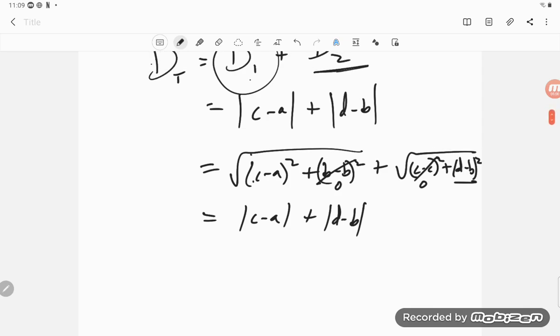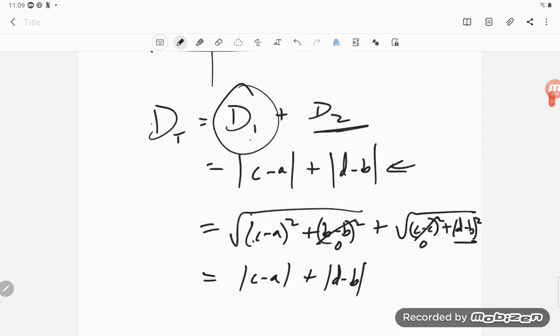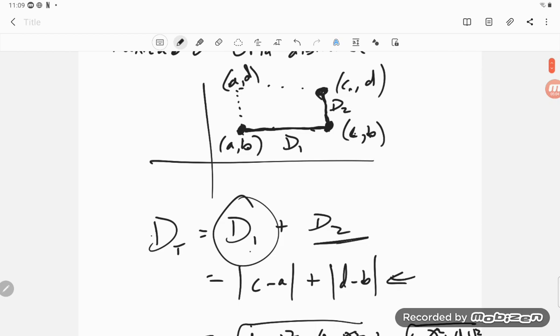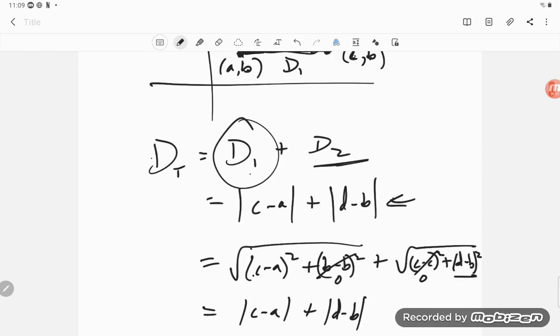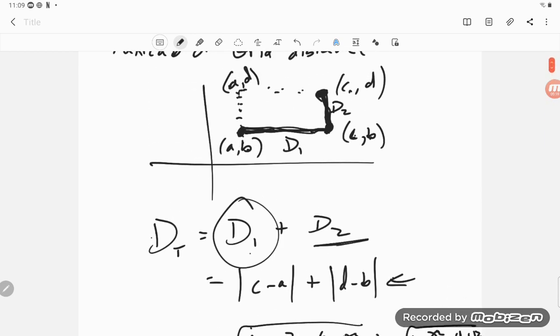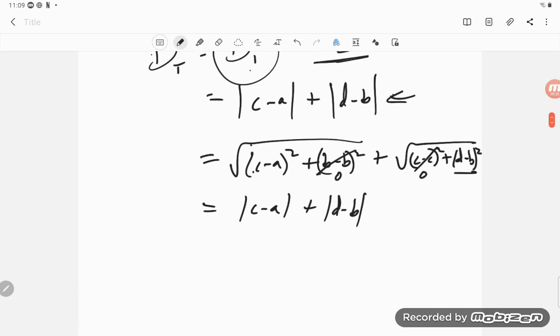And so that formula, you could think of it as I took the Euclidean distance to go straight across here and the Euclidean distance to go up there. And similarly, if I did it this way and that way, now in that order, I would actually get the D minus B first and then the C minus A, but it doesn't matter what order I add these things in.